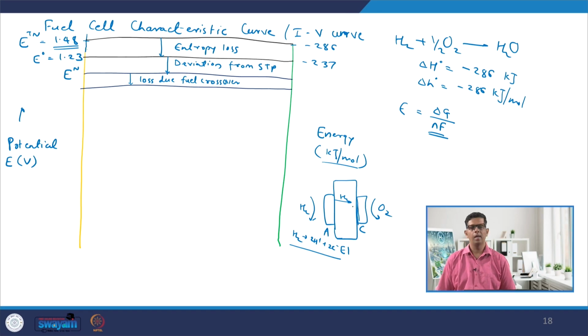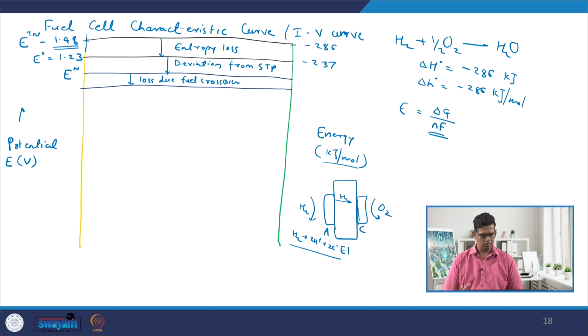So, this is a very unfavorable condition, and that should be avoided. It depends a lot on different parameters such as the thickness of the electrolyte, which we will discuss as we proceed. This loss is basically loss of the fuel as it crosses the electrolyte and reaches the cathode. It is called loss due to fuel crossover, because hydrogen is the fuel here, and this can be minimized to some extent.